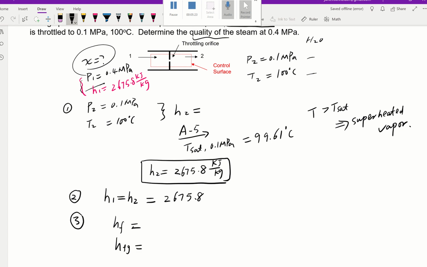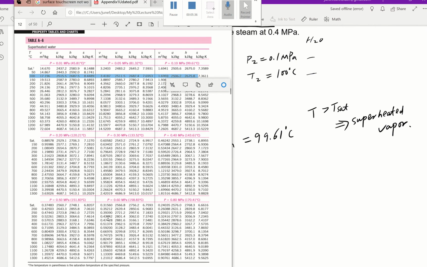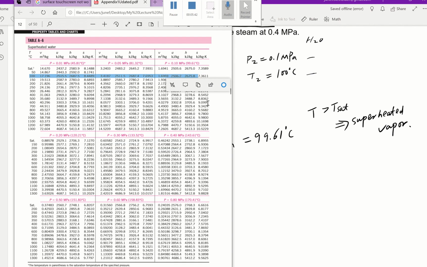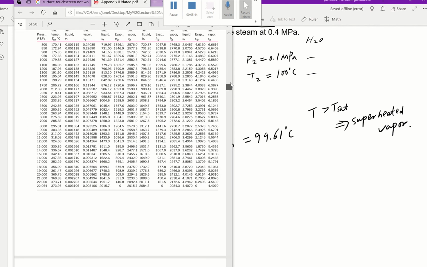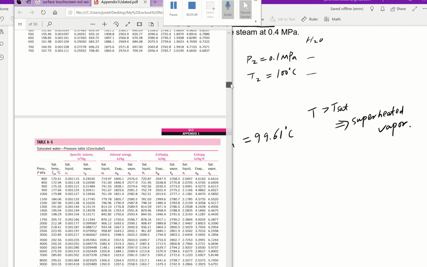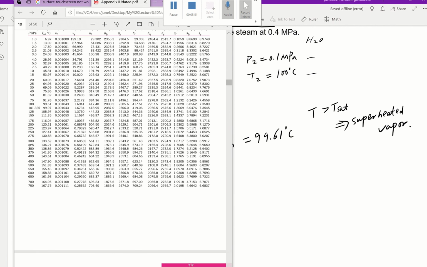Okay, at 0.4 megapascal, we're going to table A5, our pressure table. We set 0.4 megapascal. So in our pressure table, table A5, 0.4 mega is going to be 400 kilopascal.